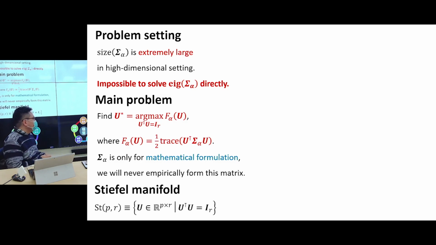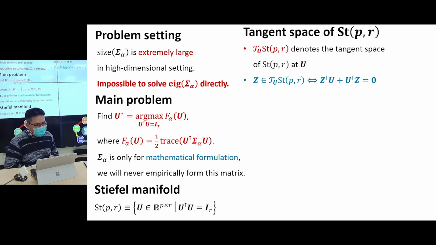So this is the definition of the Stiefel manifold, and we want to find the maximizer U star on the Stiefel manifold that maximizes F_alpha. F_alpha is our objective function. And this is the definition of the tangent space of the Stiefel manifold. Z is in the tangent space if and only if Z transpose U plus U transpose Z equals 0. That is equivalent to Z transpose U being skew symmetric.